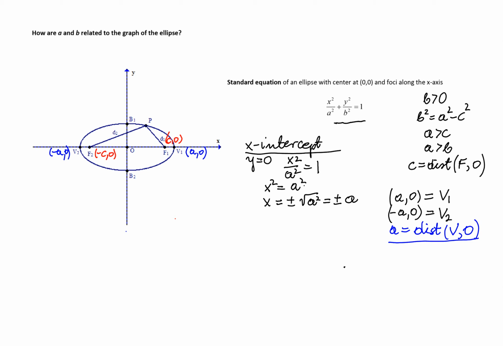So we have an additional relationship between the value of a and the graph of the ellipse. Also, points V1 and V2 are the endpoints of the major axis, and therefore we can say that the major axis has the length of 2a. This is the major axis.